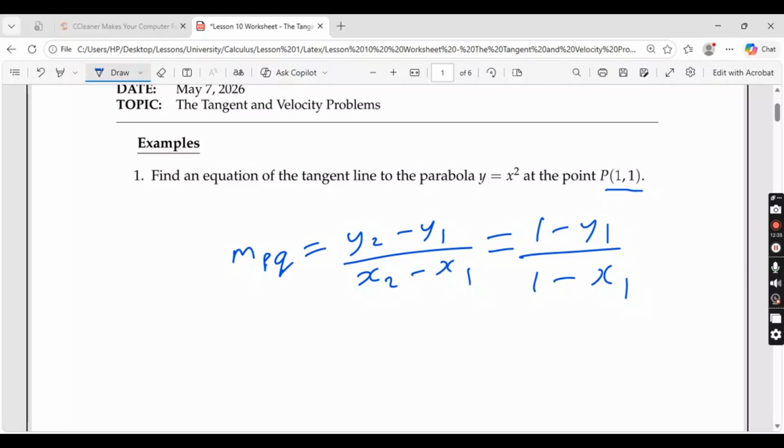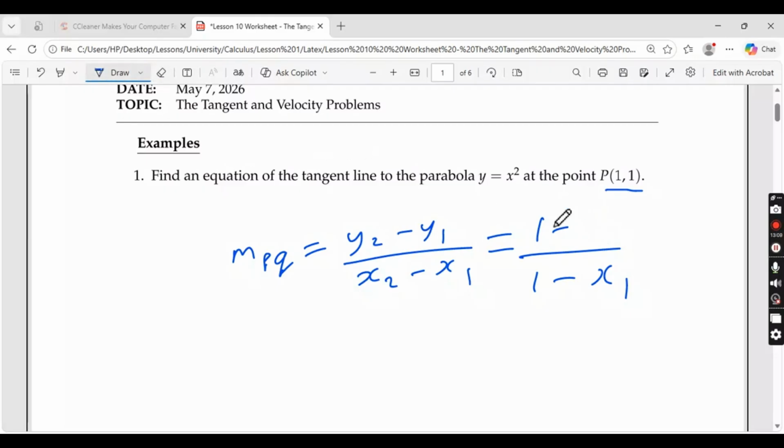Okay, the other points are not numerical. That means they are not numbers, but they can be variables or letters. y1 can become x squared.